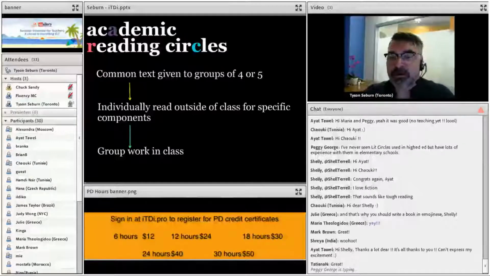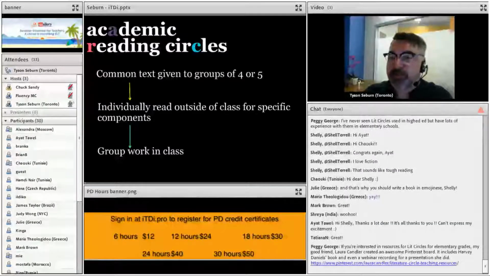Now, it's not like the whole class reads it all together. You also need to create circles, which include groups of 4 or 5 students. So there will be, in a class of 16, 4 groups of 4, and each of those groups will probably be reading the same text, but they'll be focusing on it with their group.